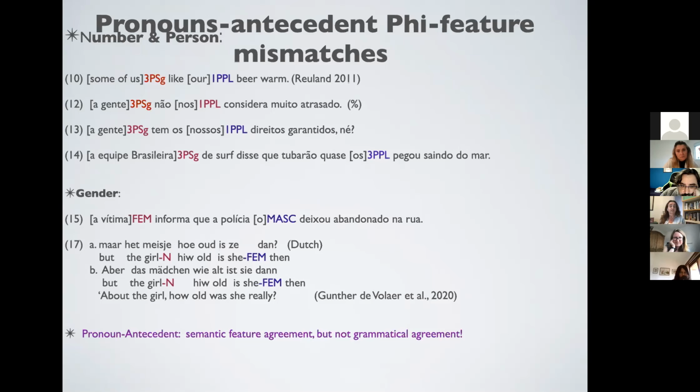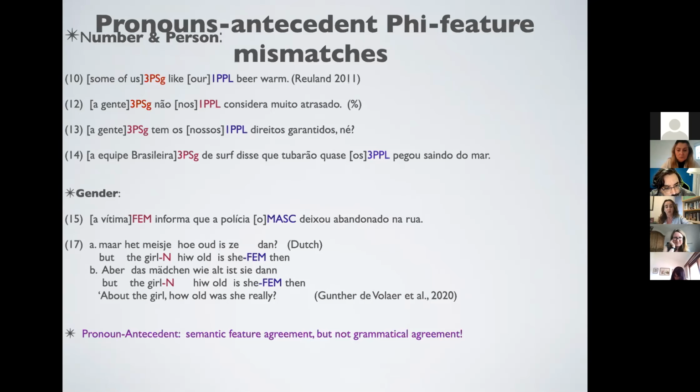Gender either. I can say something like, a vítima informa que a polícia o deixou abandonado na rua, in which O is masculine, while a vítima is semantically masculine in this case, but grammatically feminine.